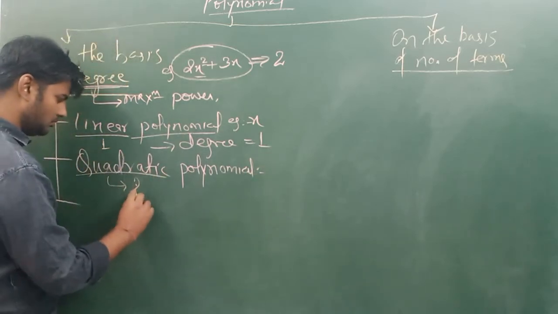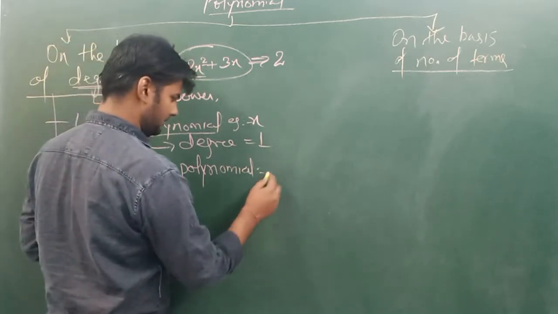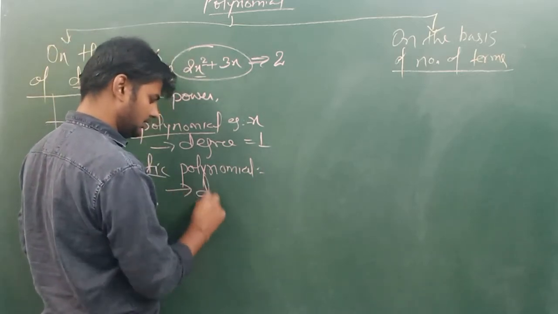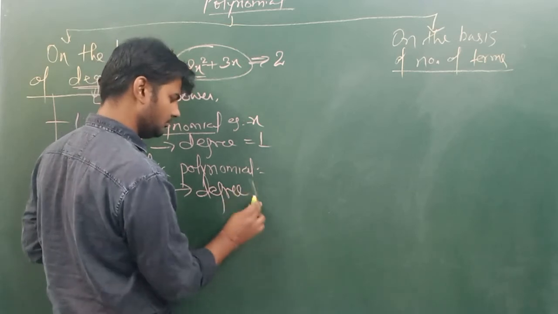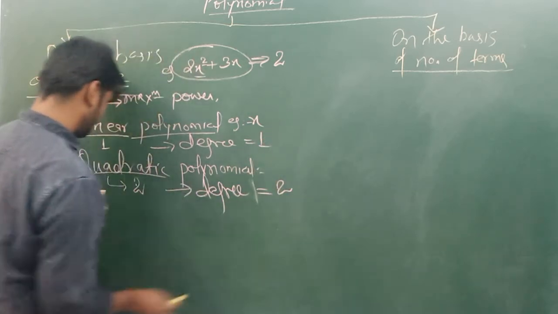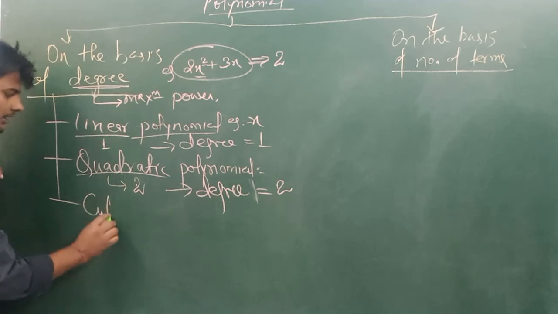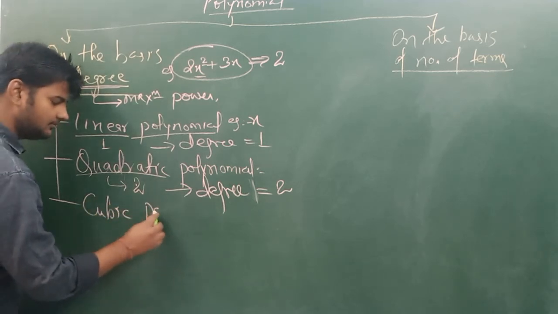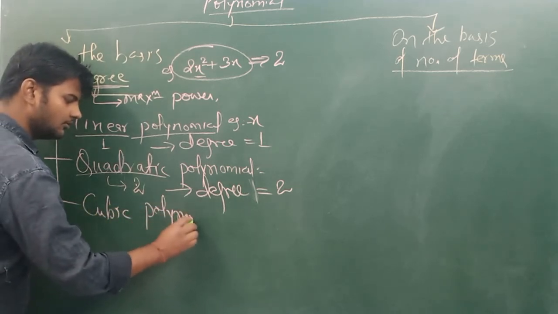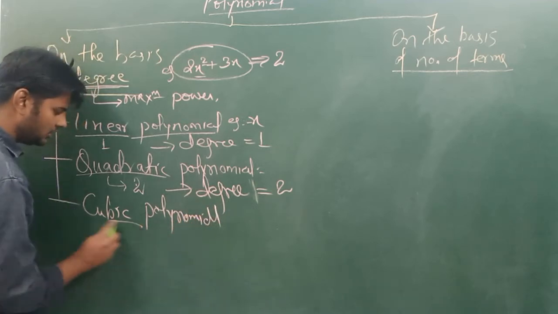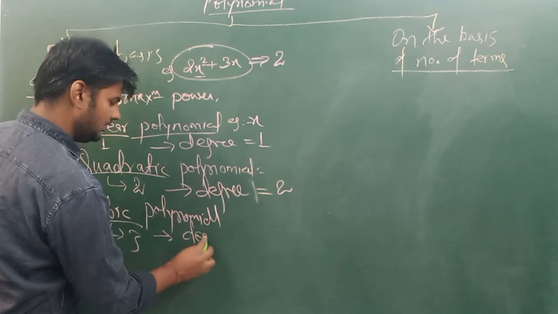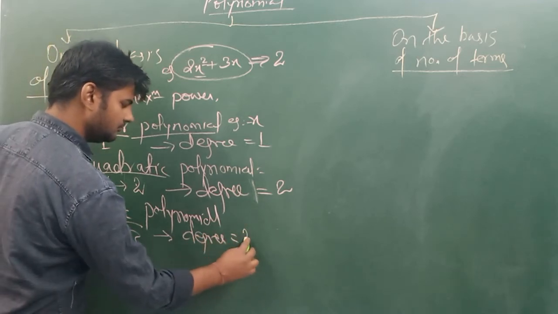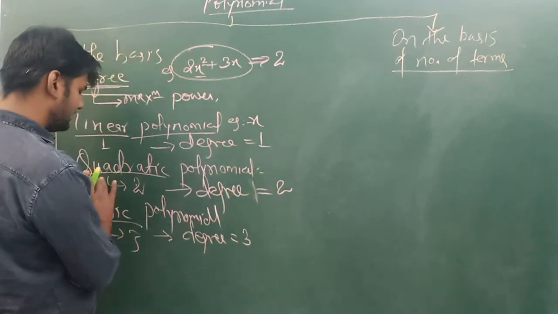Quadratic represents 2, that means the degree of the polynomial is equal to 2. The third one is cubic polynomial. Here cubic represents 3. This means degree is equal to 3.